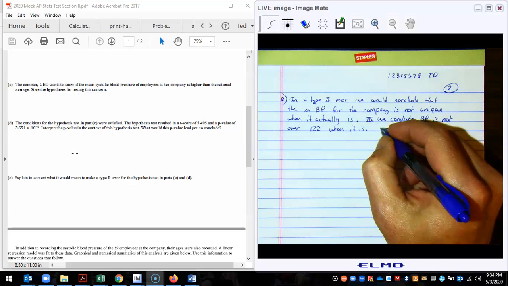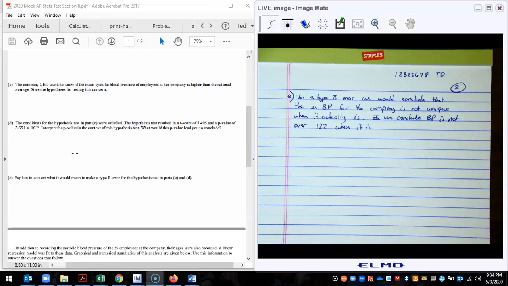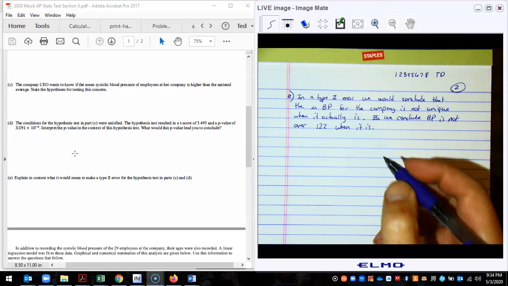Now this doesn't say anything about a consequence, but just in case, who would stop here? That's all it asked for, although I would assume it would want you to explain a consequence.